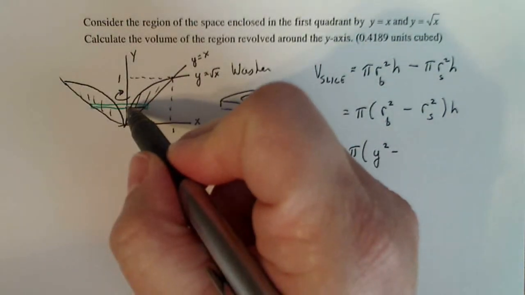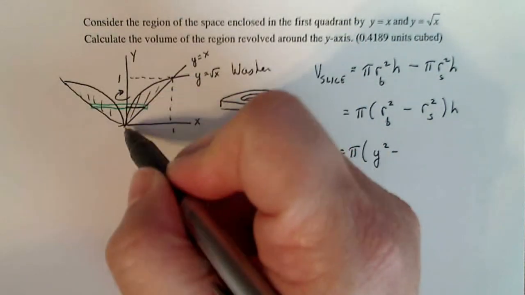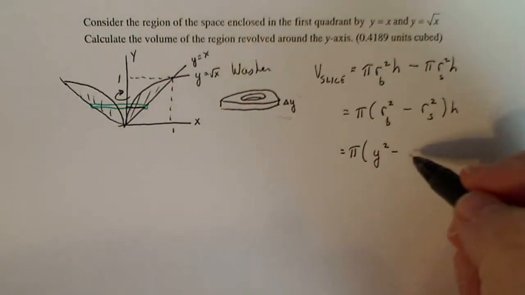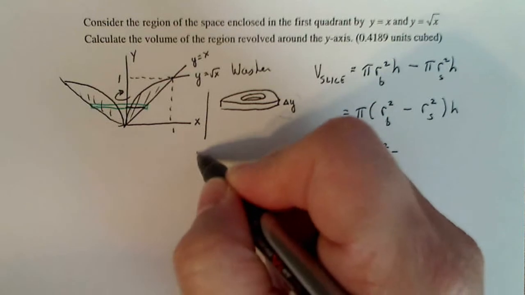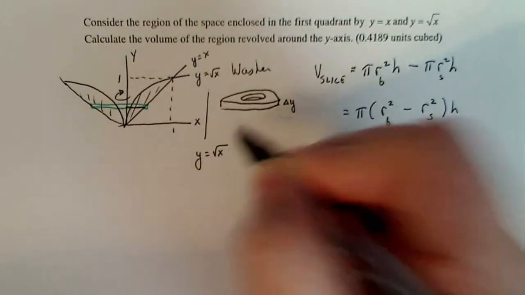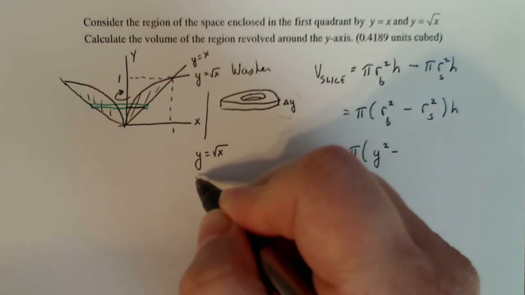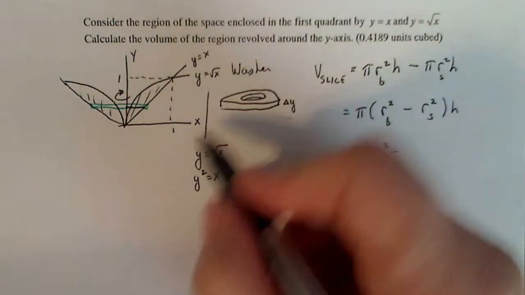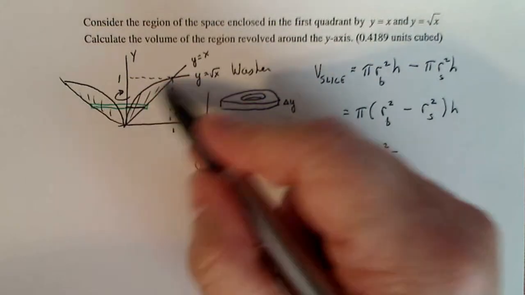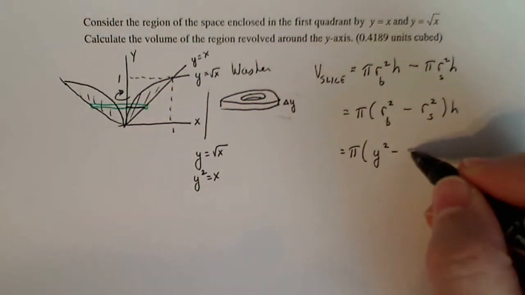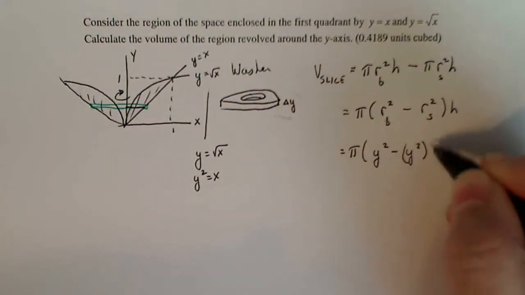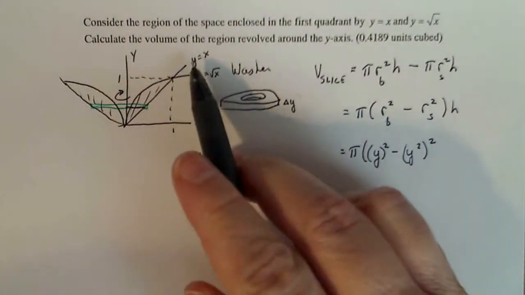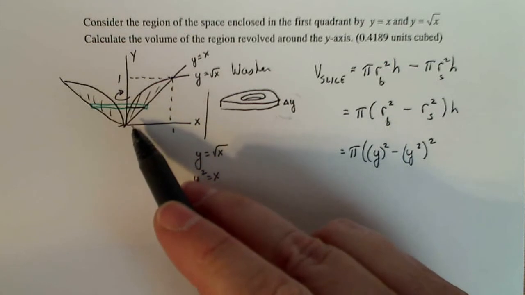Now the smaller radius, which is bounded by y equal x squared, I can't just put y in here, and I can't put x squared in here, but I have to take the function and I have to solve for x. So squaring both sides, I get y squared equals x. So the radius of this inside part is measured by y squared. So this is the outside, which is y, and the inside is y squared.